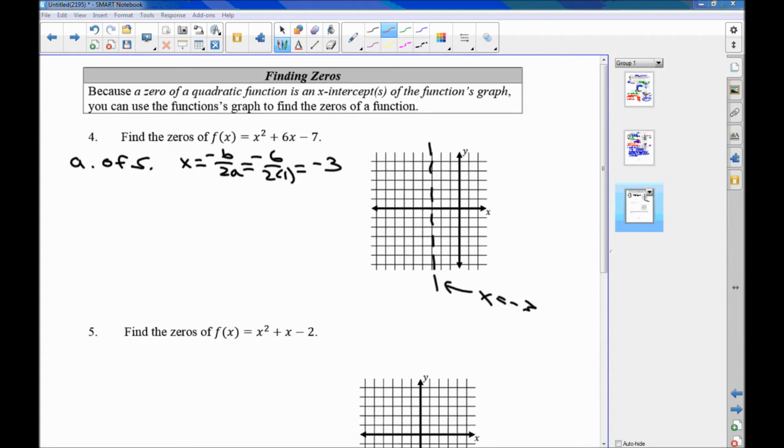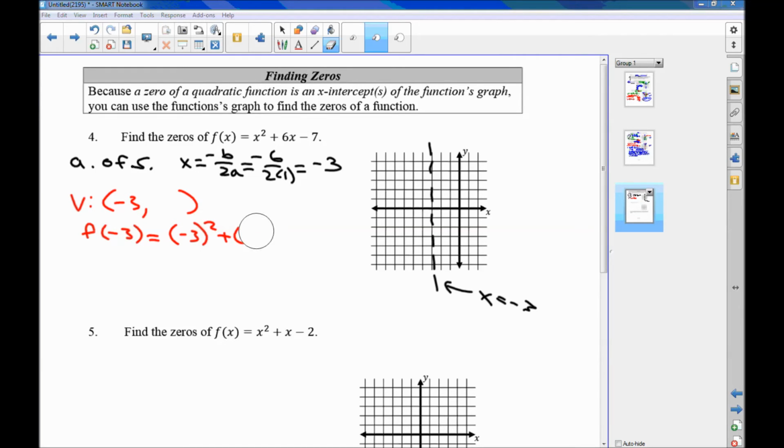All right, then we need to find our vertex. So our vertex is negative 3 something. So I plug the negative 3 back in, and we have negative 3 squared plus 6 times negative 3 minus 7. So that's 9 minus 18, which is negative 9, and negative 9 minus 7 is negative 16.